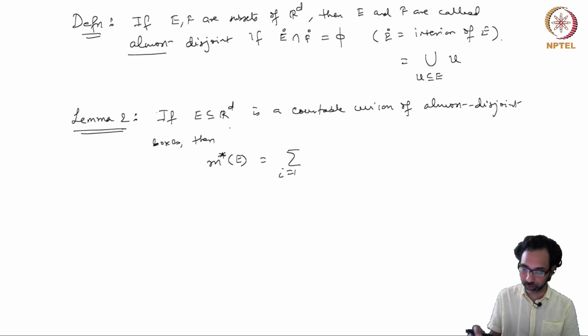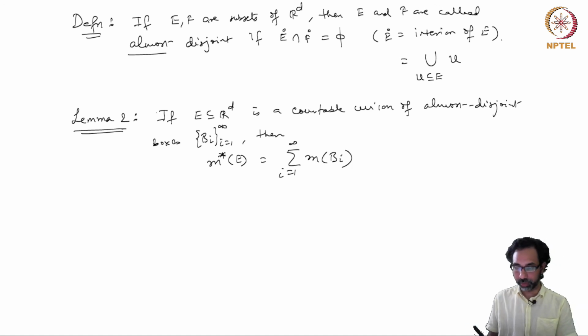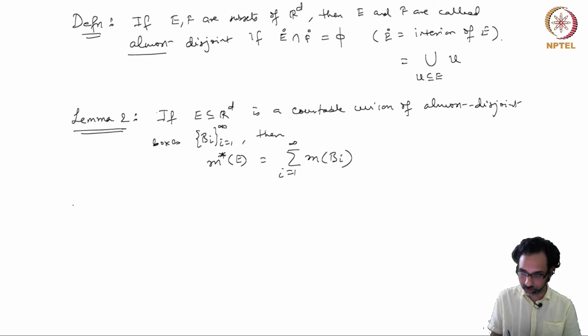So let me write Bi, i equal to 1 to infinity, to be this collection of almost disjoint boxes. Then the Lebesgue outer measure is the sum i equal to 1 to infinity of m of Bi.